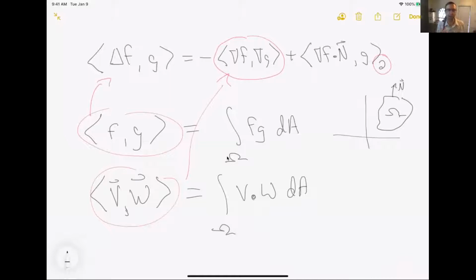Grad f is a vector, n is a vector, so grad f dot n is just a function again. So that function times g integrated over the boundary is what we're doing, okay?